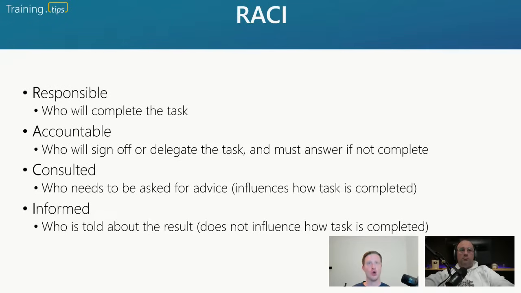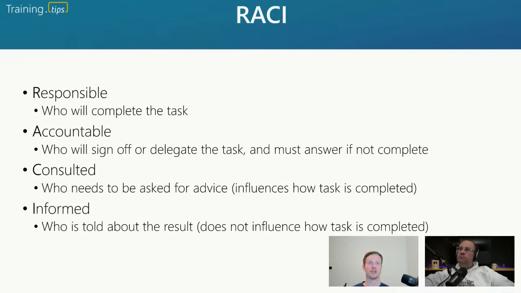Accountable is who is accountable overall for it to get done. And this could be different from the person who is responsible. So your manager might be accountable, and it's up to them to make sure the tasks get done, but they might delegate it out to someone. So someone is accountable, it's up to them to make sure it's done, but the person who's responsible actually does it.